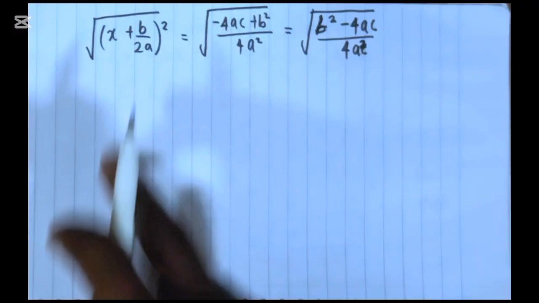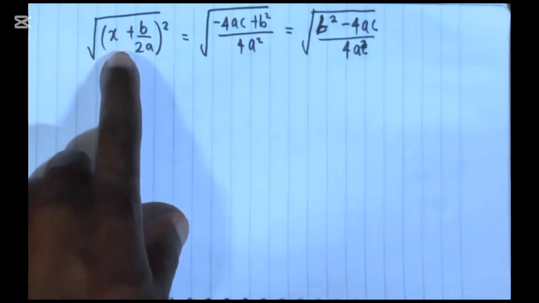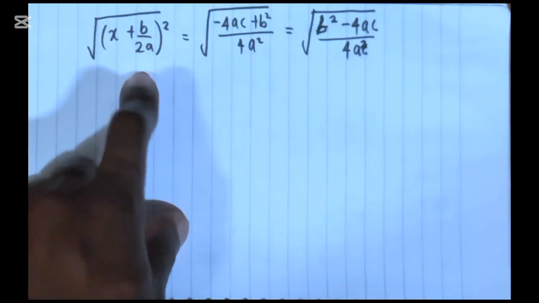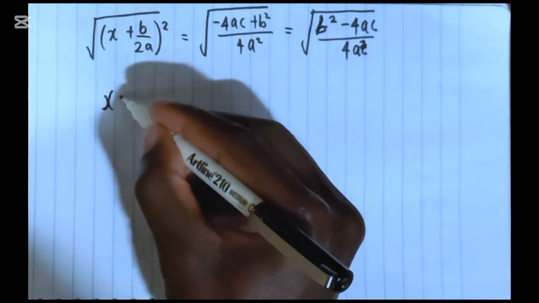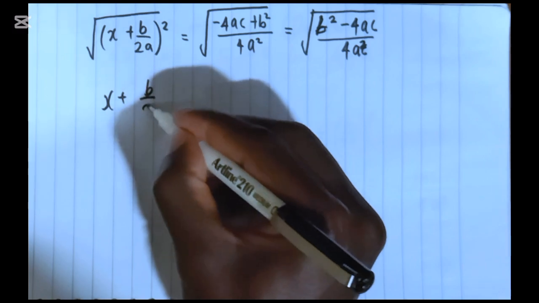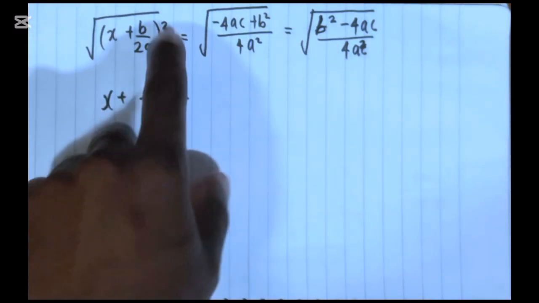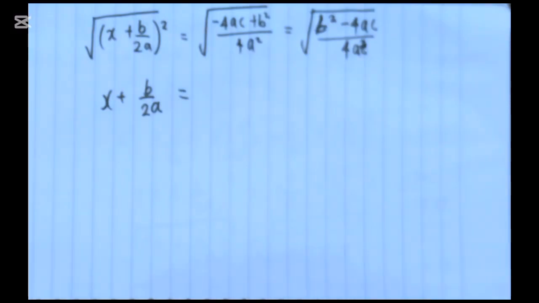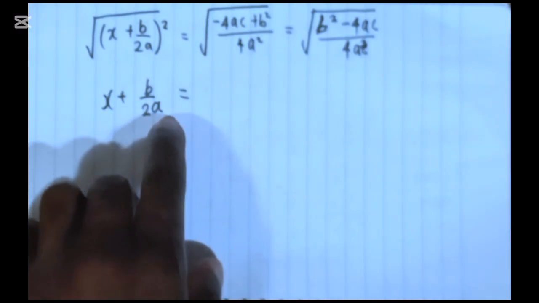So the square root of x plus b all over 2a squared will just be x plus b all over 2a. Basically the root and the square will simplify each other out, and we'll be left with x plus b all over 2a.